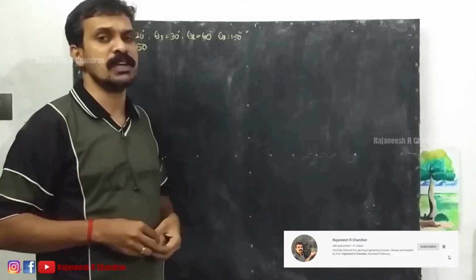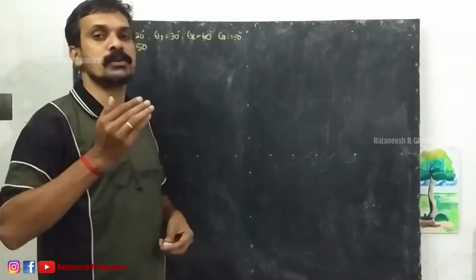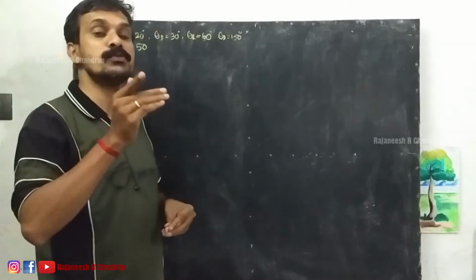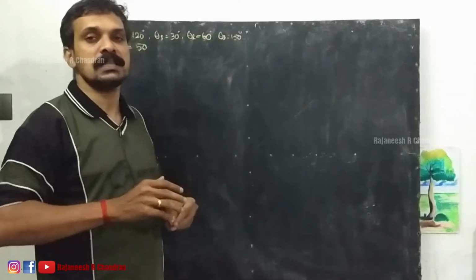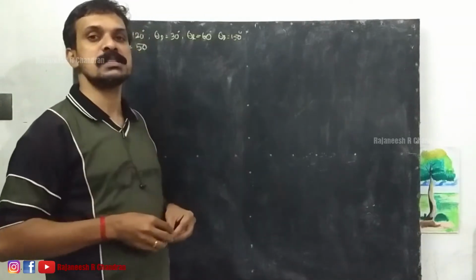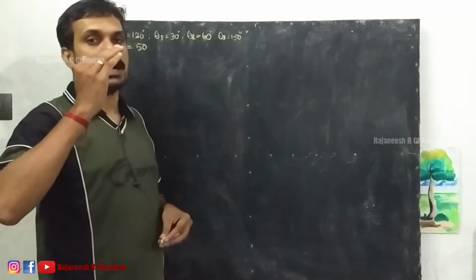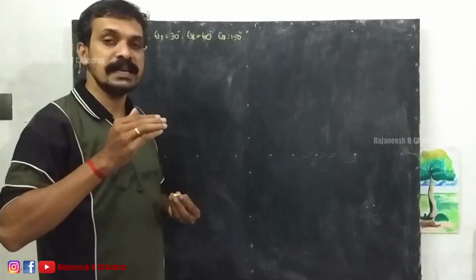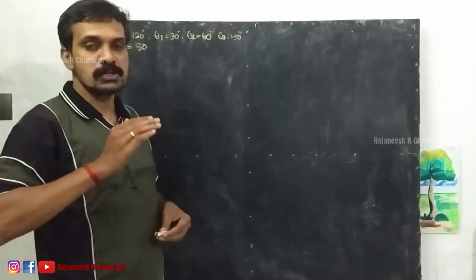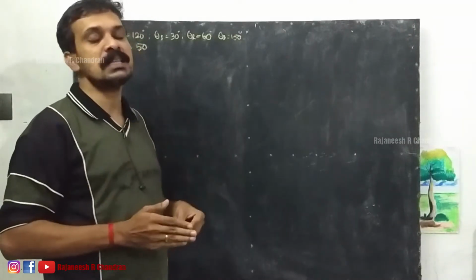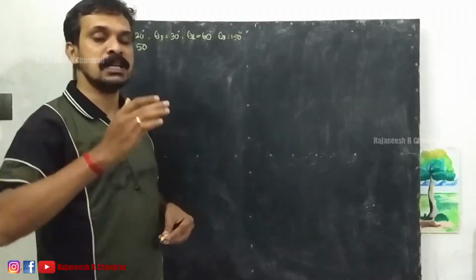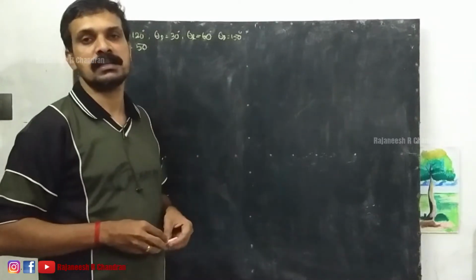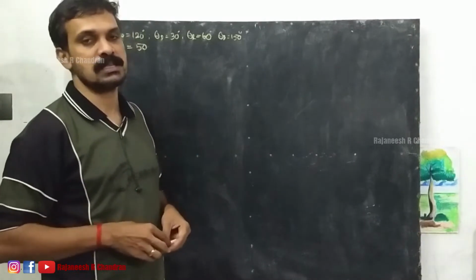In the previous video, I explained how to construct the displacement diagram for a uniform velocity. Here, the motion of the roller follower is with SHM. The outstroke as well as the return stroke is in simple harmonic motion. So the method of constructing the displacement diagram will be different from the previous case.